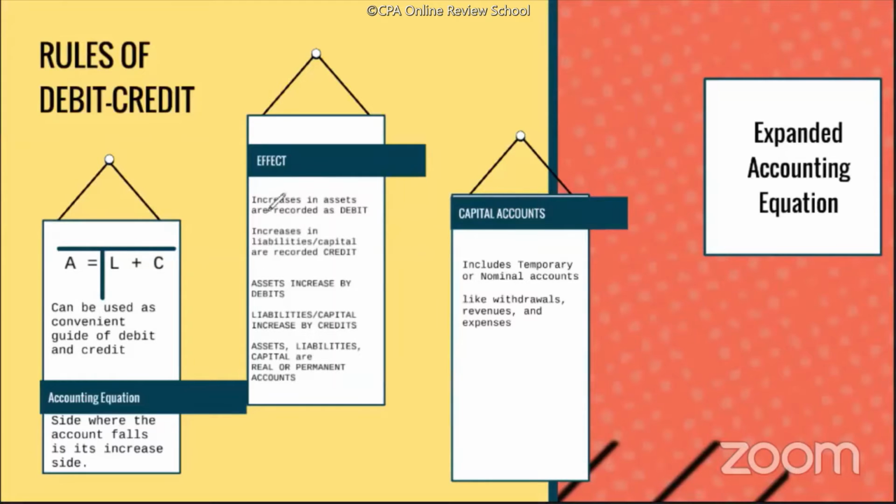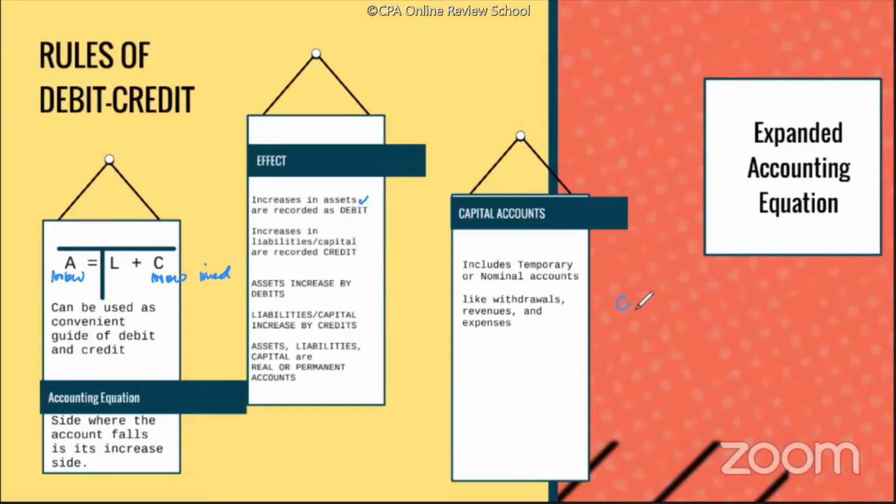Okay? So effect niya pag may increase in assets recorded as debit. So for example, ito na 100,000. So meron kang investment to, yung transaction niya. Okay? Invested 100,000 in the company. So increase in assets. So nag-increase yung asset mo ng 100,000.